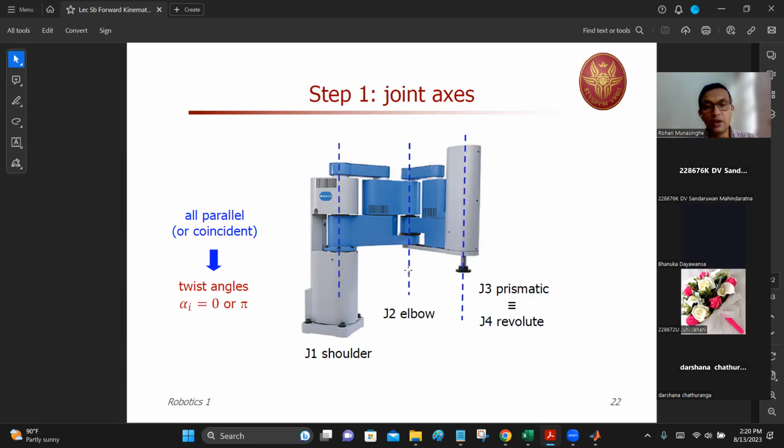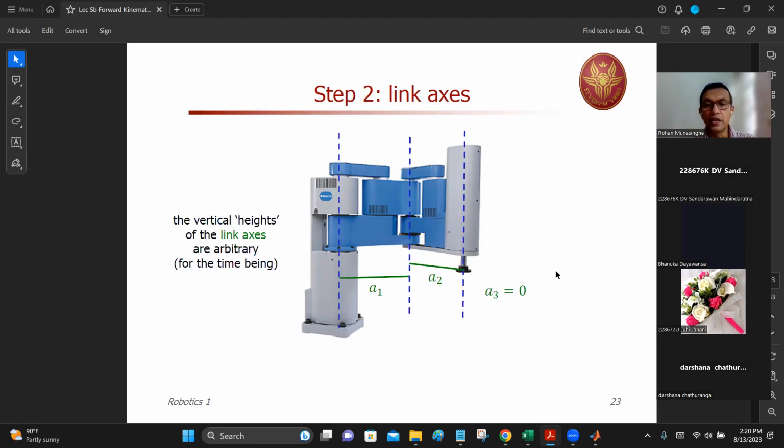At J2 you have the Z1 axis. This is the Z2 axis and the Z3 axis as well. Both Z axes, 2 and 3, are coincident like that. Therefore there's no motion from Z2 to Z3, so that distance is 0. A3 is 0.